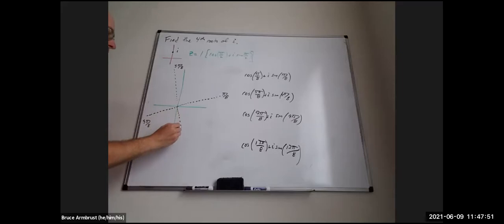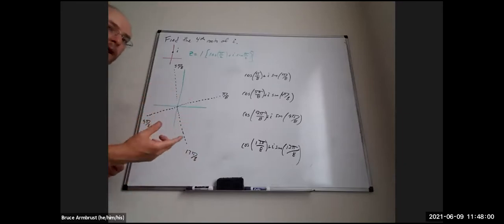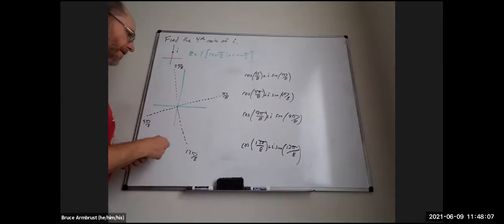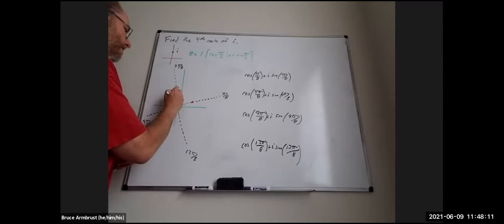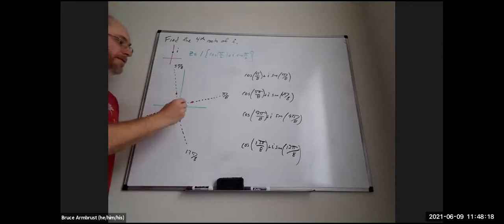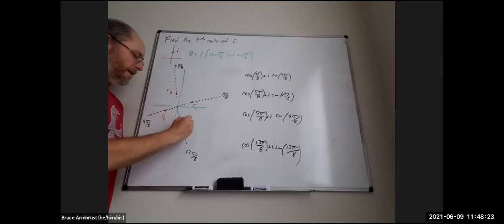And then 13 pi over 8 is here. And they're all going to be distance 1 away. Remember out front, the R value, the absolute value was 1. So let's just say that this is a distance 1. All right, so there are the 4 roots. Here was root 1, root 2, root 3, and root 4.